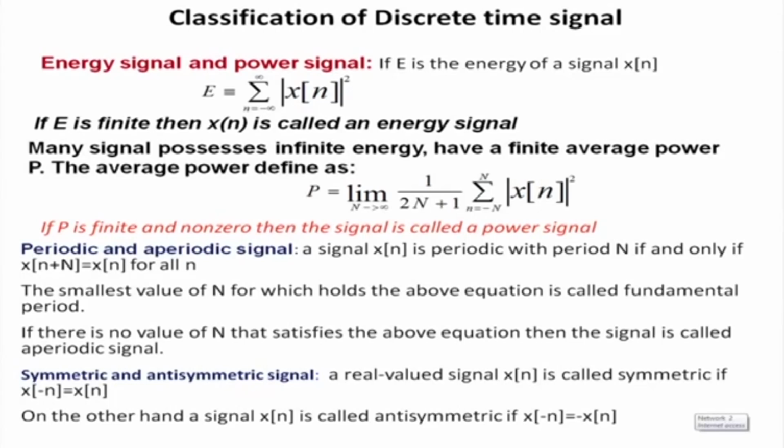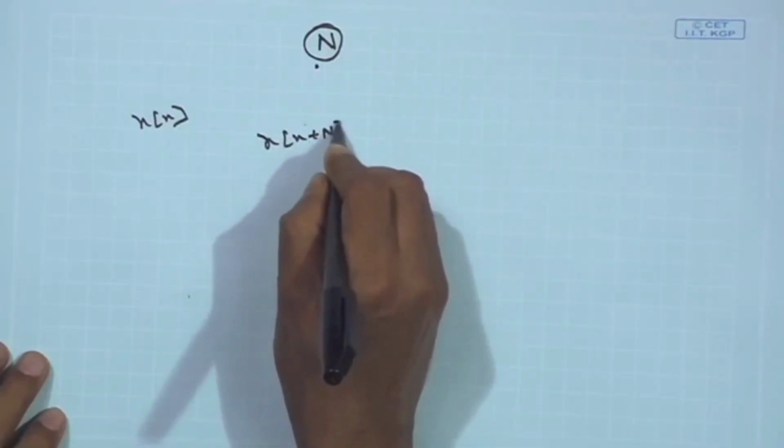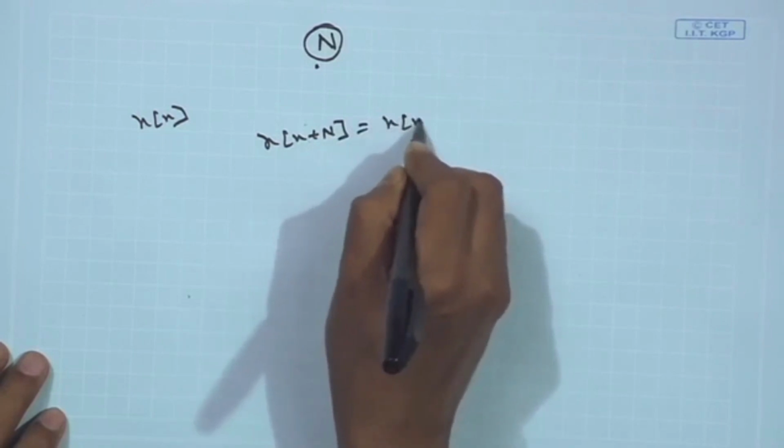Periodic signal, aperiodic signal: a signal is periodic if it repeats its nature after a certain time interval in time domain. If it repeats in nature after n samples, then I can say n samples is the period of the signal. So, x n is periodic with period N if and only if x n plus N is equal to x n.